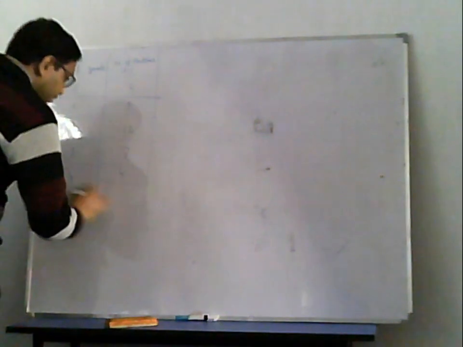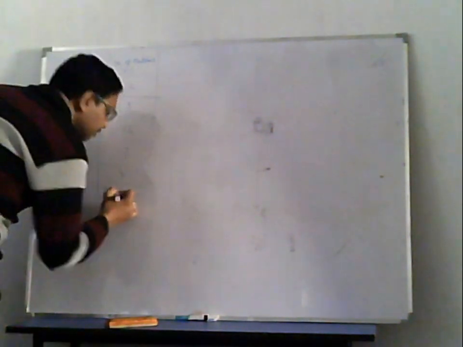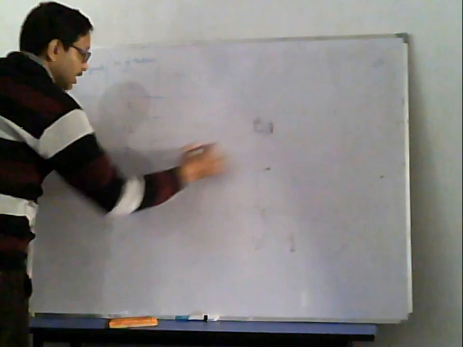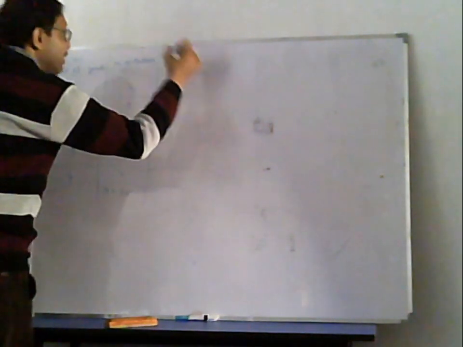So first of all we have to calculate the mean. Before calculating the mean, we need the total number of frequencies. That is capital N, because the total number of frequencies is 30. Am I right? Okay. Now to calculate the mean, we have to calculate xi into fi.